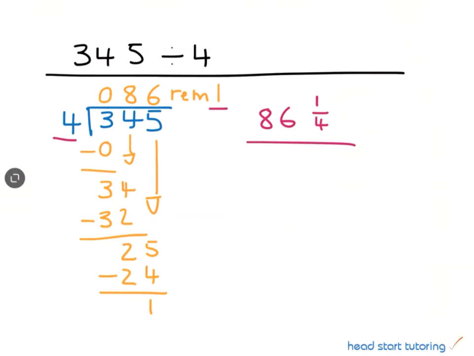If we were to do this example again in the short division version, 4 into 3 doesn't go, carry our 3 over. 4 into 34 goes 8 times, remainder 2. 4 into 25 is 6, and then let's put 0.00 on, because we can put as many zeros after the decimal point as we'd like.